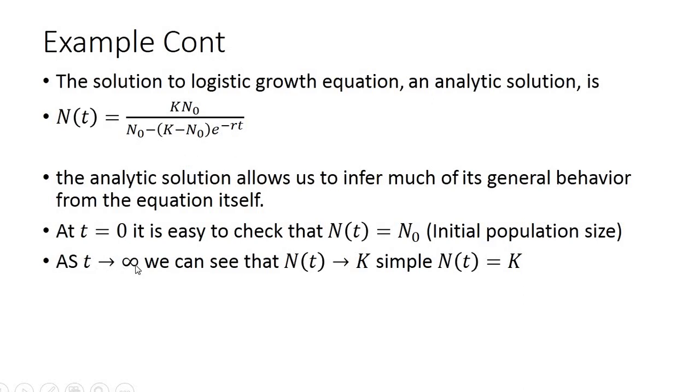When t becomes very large, a negative exponent approaching very large numbers, you can try e to the power minus 10 and see that you get a very small number. So eventually this whole term will collapse because it will approach 0, such that you remain with K over N0 over N0. So the initial populations will cancel. That's why we are saying N(t) will approach K, the carrying capacity.